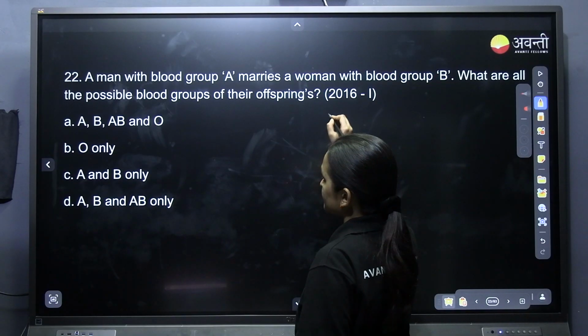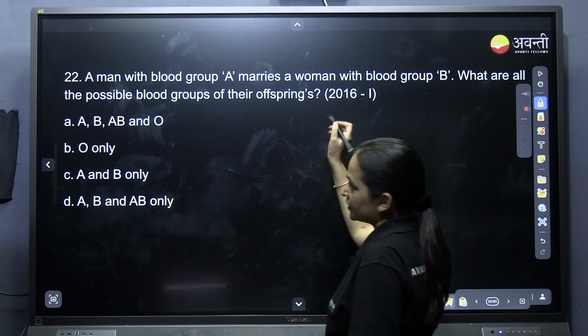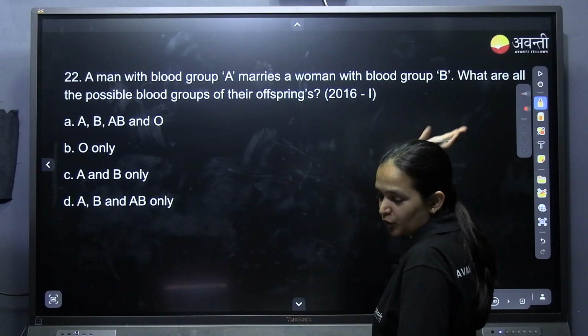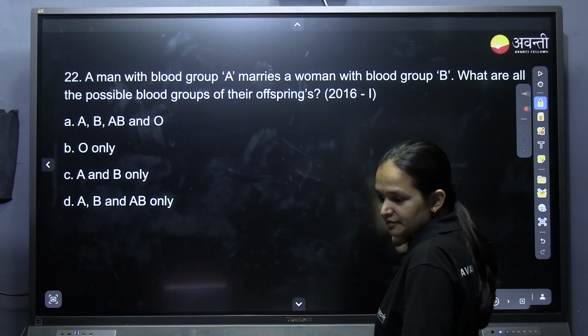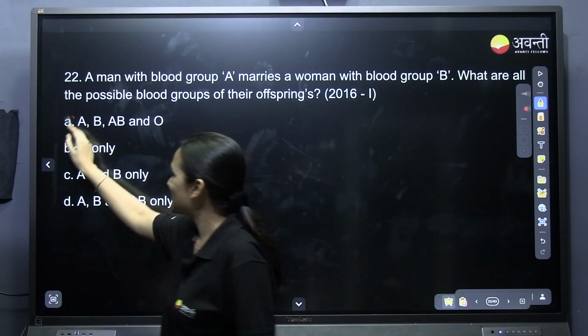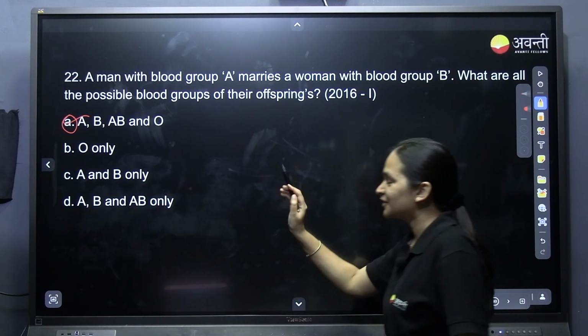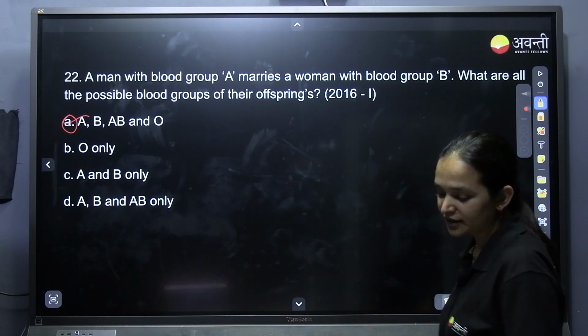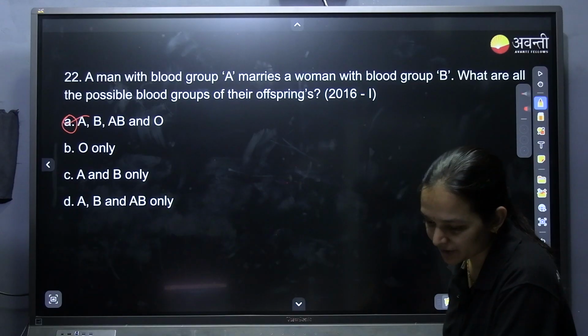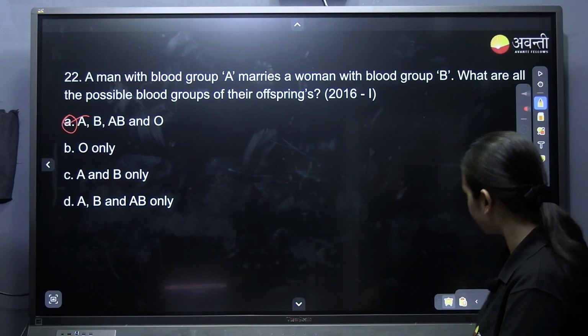Option A. Yes, option A. Should we solve it or shall we move on? Move on. Yes, so all types, A, B, and O, we will get in the offspring.